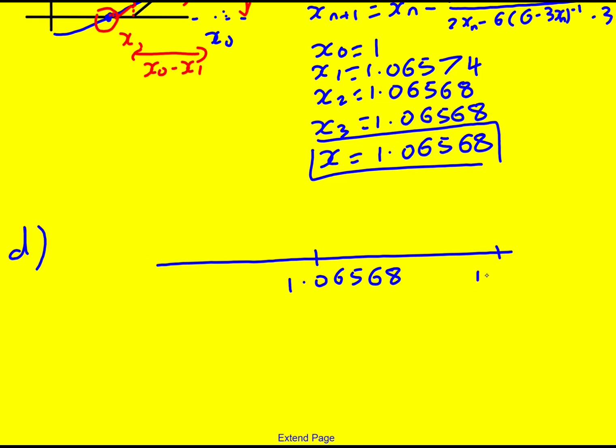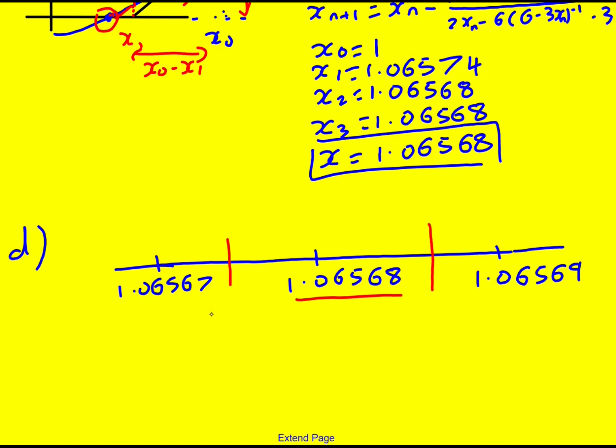The next one up would be 1.06569 if it was going to round up to that. And then we've got the one below, 1.06567. So if we want to show that our answer is going to round to this, to 5 decimal places, we need to seek a sign change at these two positions.